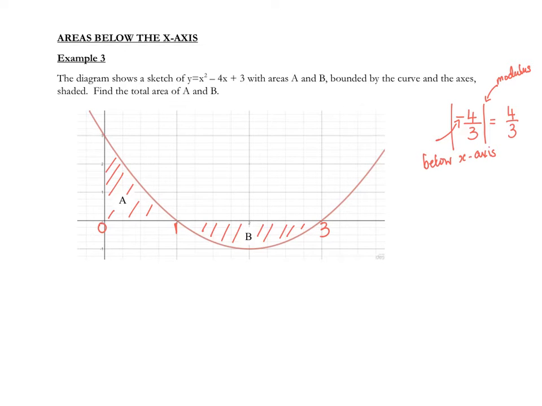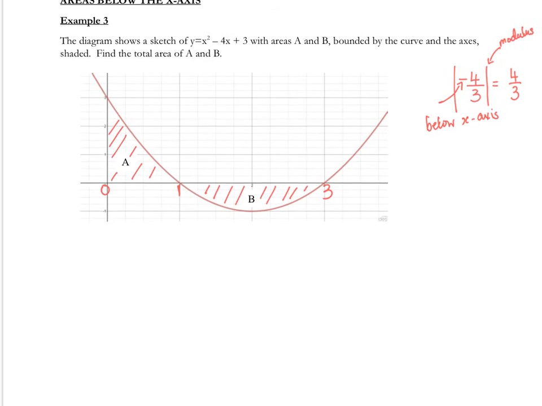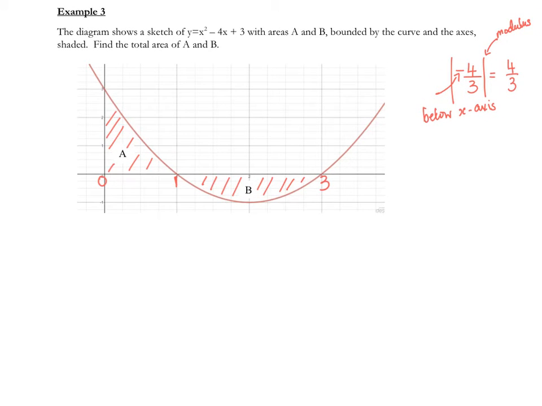So the two parts that we actually want: for area A, it's in between 0 and 1 of the curve, which is x squared minus 4x plus 3 with respect to x. And for area B, it's in between 1 and 3 for the curve again, x squared minus 4x plus 3 dx.